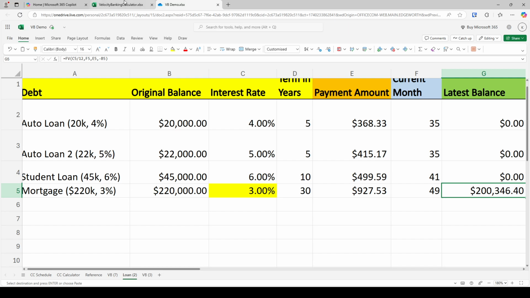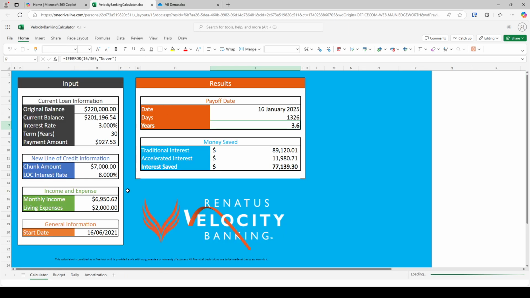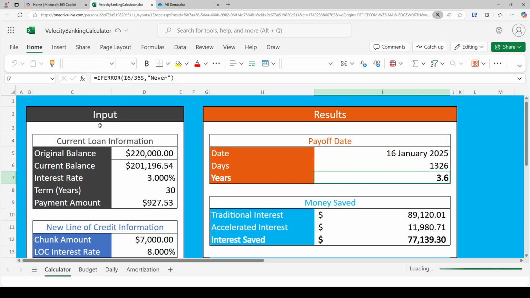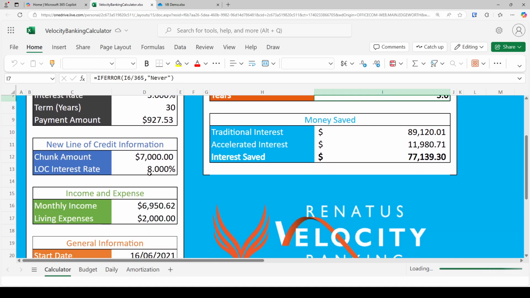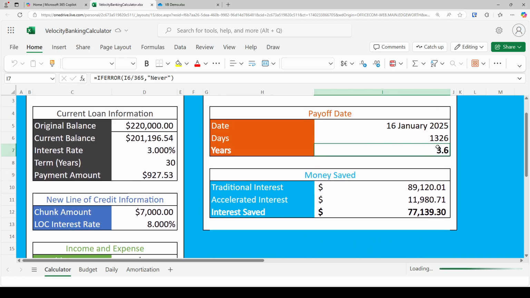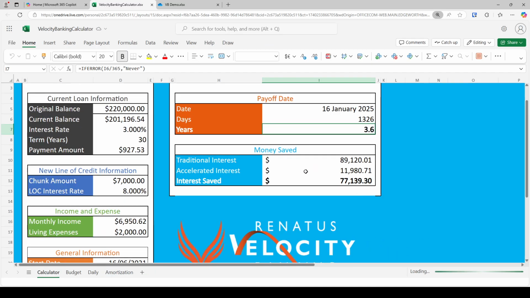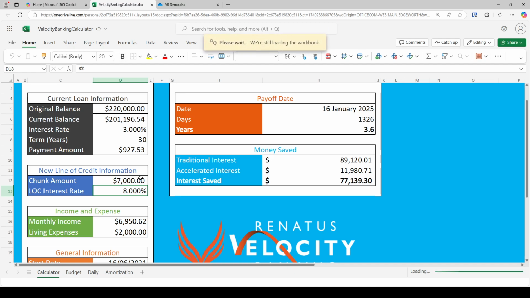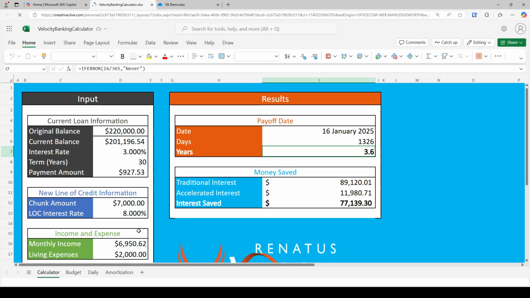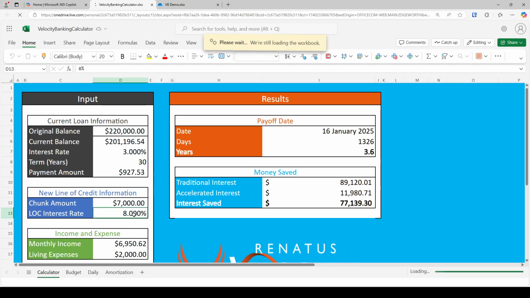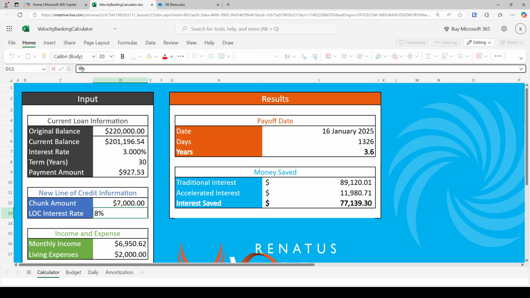If not, let me just pull out the velocity banking calculator. I actually had this pre-filled in because I did this last time. So you just fill in the details, and well, blam, 3.6 years. And here's the thing: even if we use a 30% credit card, okay, now I'm not saying do this with a 30% credit card. And why is it saying loading the workbook? All right, let me just do this. 30%. Oh my goodness.